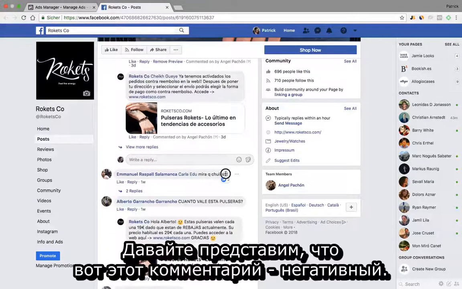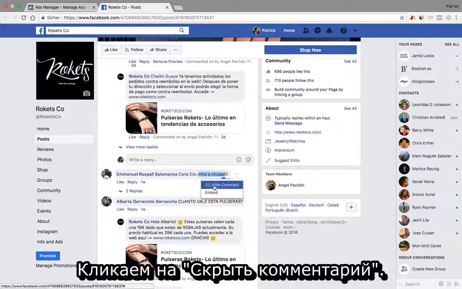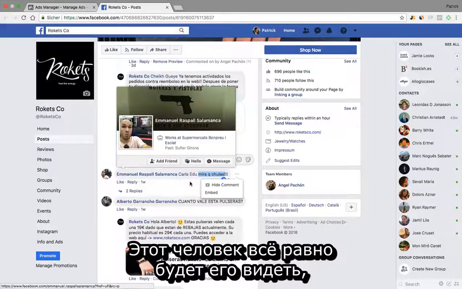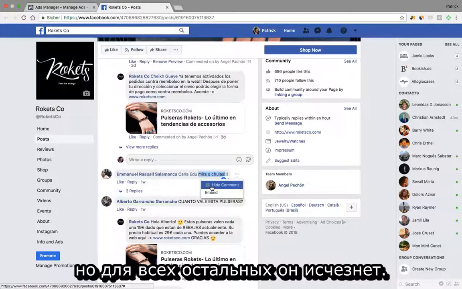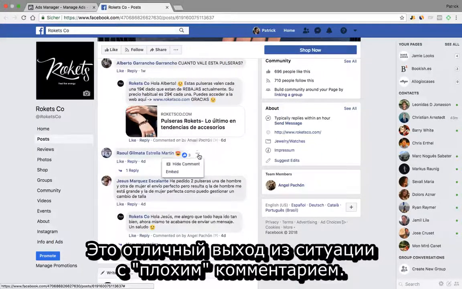Okay, let's imagine this one is a bad comment. Then we could hide the comment. Okay, so by clicking hide comment, this person will still see it, but for all the others it will disappear, which is of course a good idea if someone leaves a bad comment.